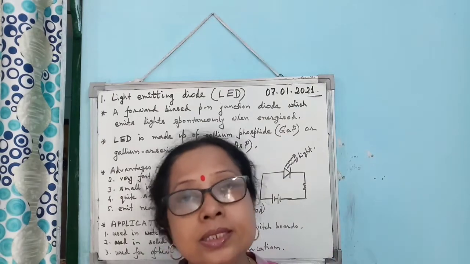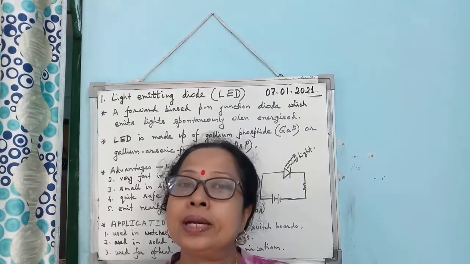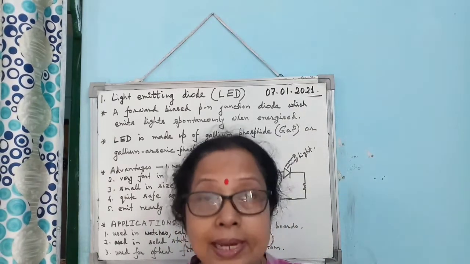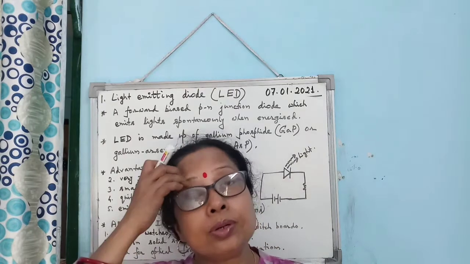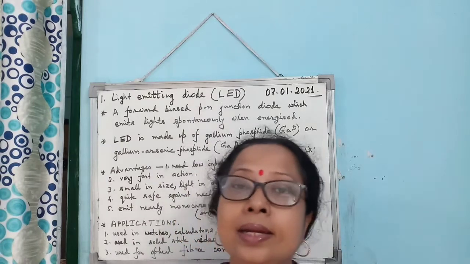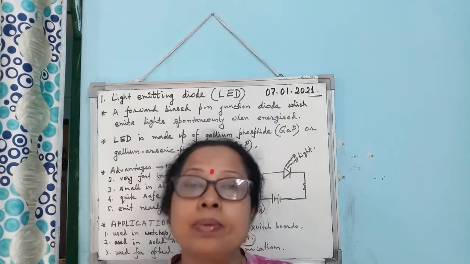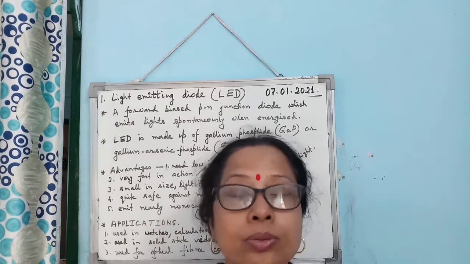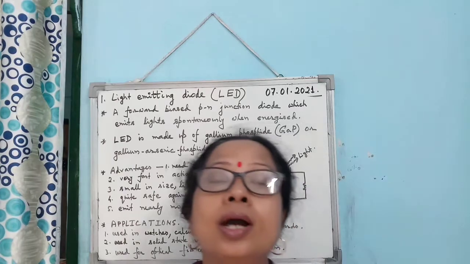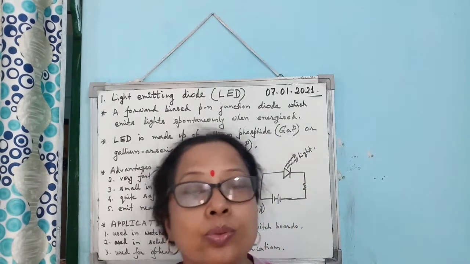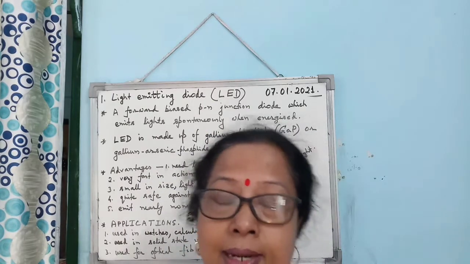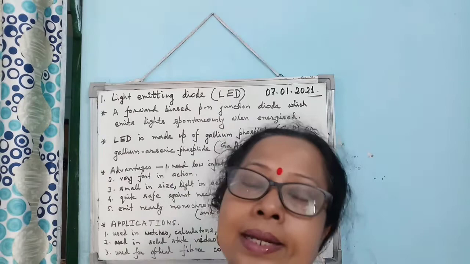So if instead of ordinary germanium and silicon, you use gallium phosphide or gallium arsenic phosphide as the semiconductor material, then when the diode is forward biased and recombination of electron and hole takes place, the energy falls in the visible region. That's why you will observe that light is emitted from the diode. Alright, so that is the working of the light emitting diode.